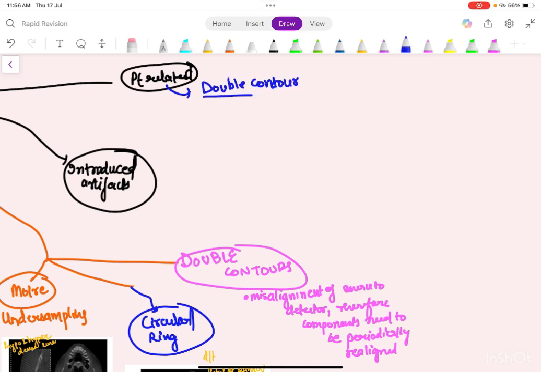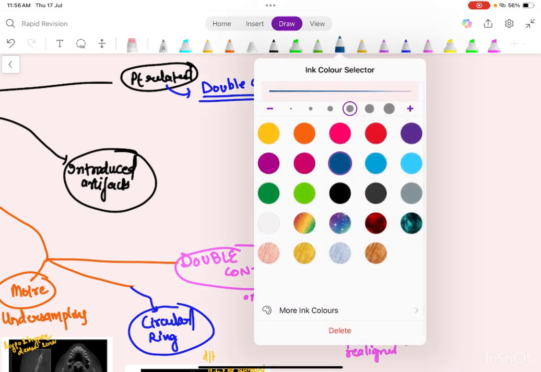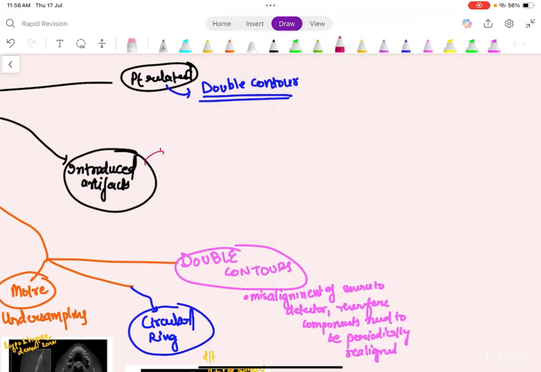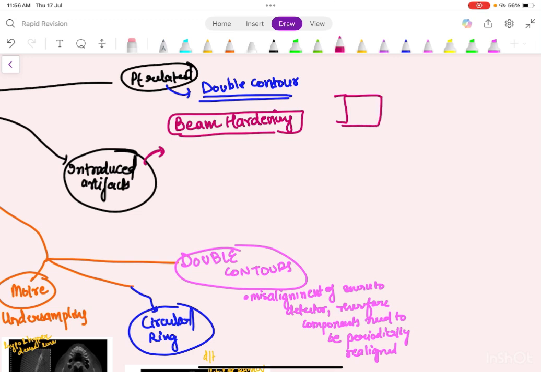Now in introduced artifact, there is one thing that you need to be clear about, that is beam hardening. Okay, so beam hardening, just understand it through a simple diagram and then we'll see if it's easy or not.